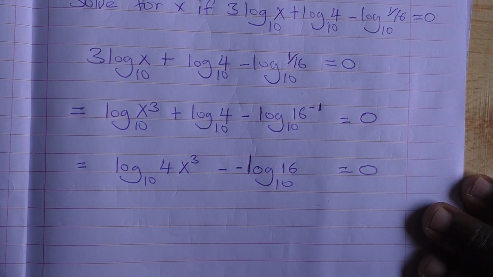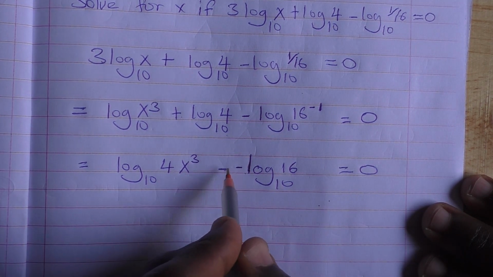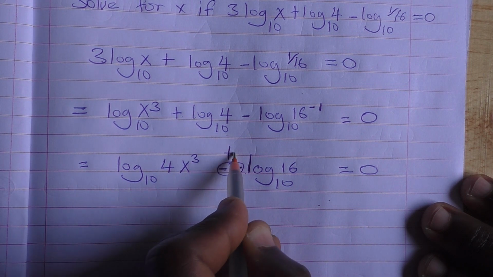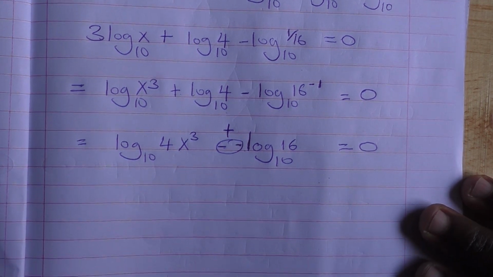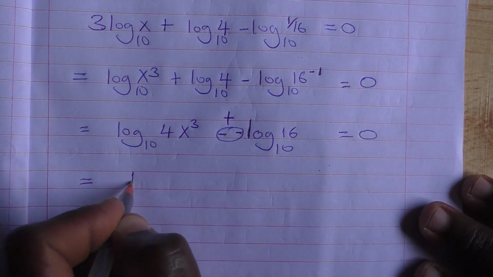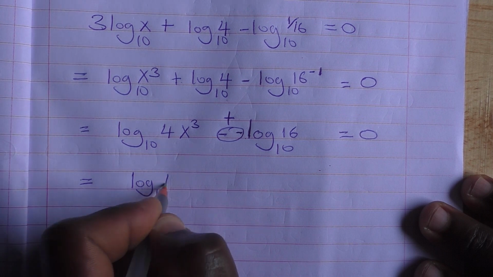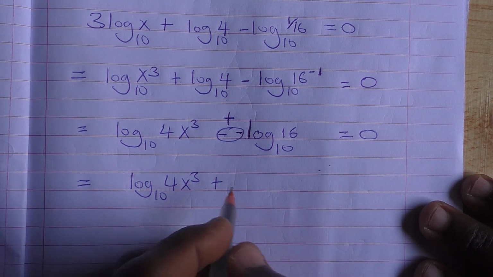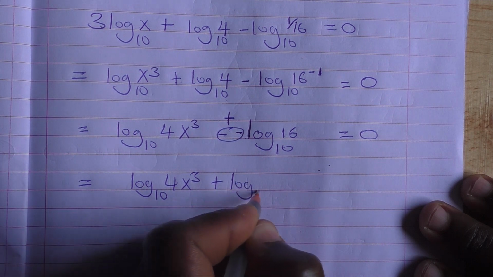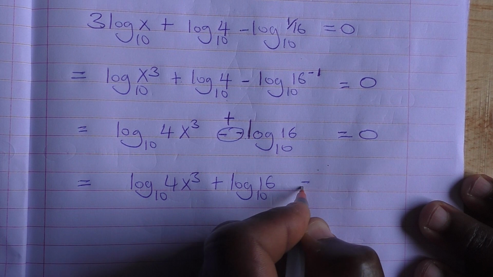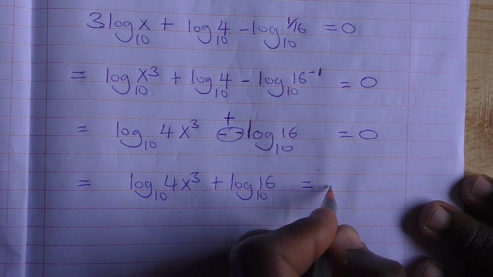equals 0. So since we have a negative and a negative, they multiply to give us a positive, and therefore we shall come up with log 10 4x cubed plus log 10 16 equaling 0.